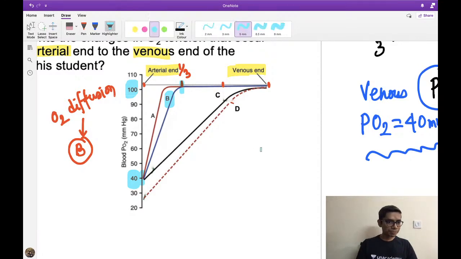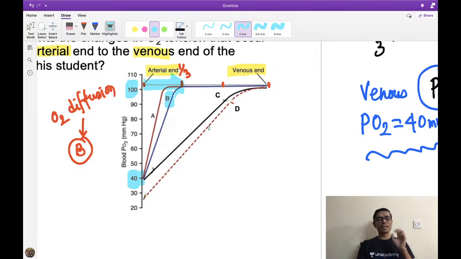The equilibrium is reached in 1/3 of the total transit time from the arterial end. This is the direction where the blood is going. This is the 1/3 time. Within this time, the oxygen diffusion will be completed.